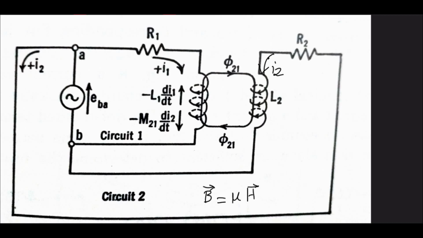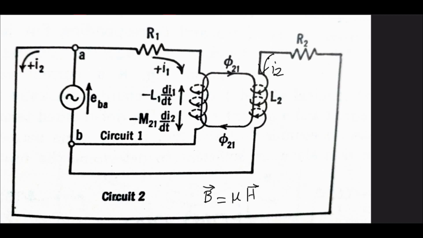If you alter the winding turns, then even for the same direction of flux linkage, you can change the direction of the induced EMF. And you can see from the picture that the direction of current that is producing phi21 is very clearly shown.